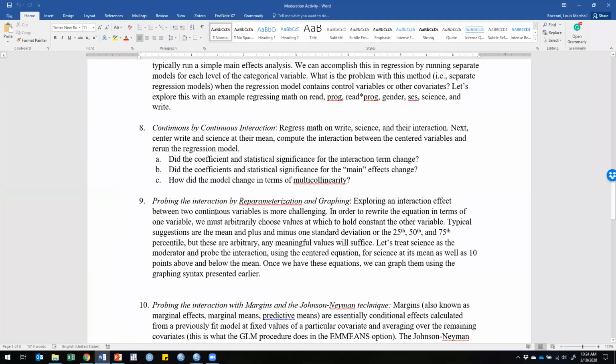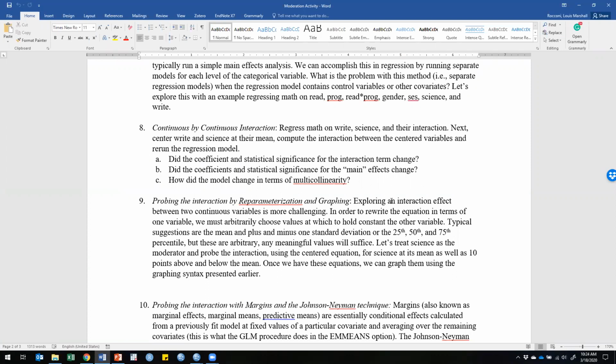The next thing we want to do is probe the interaction. It's a little bit more challenging when we probe an interaction between two continuous variables, because in order to rewrite the regression equation in terms of one variable, we have to arbitrarily choose values to hold constant at the other variable.